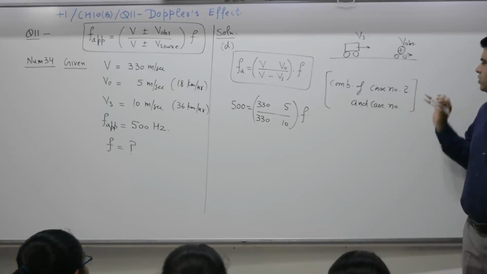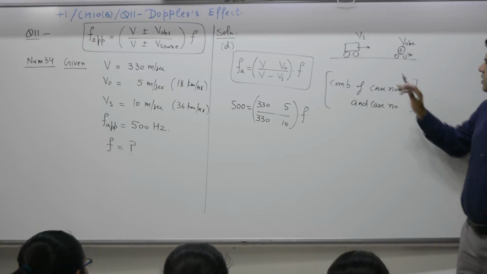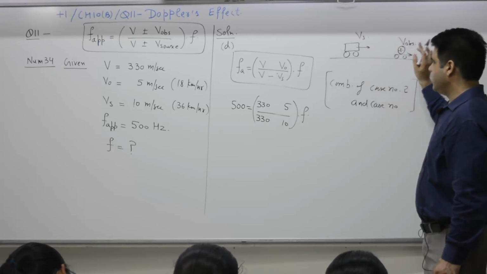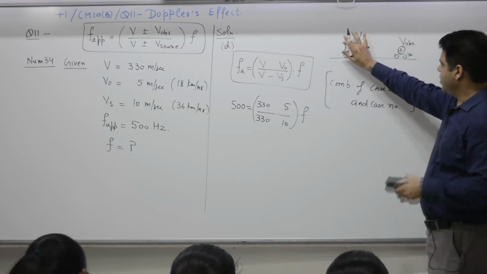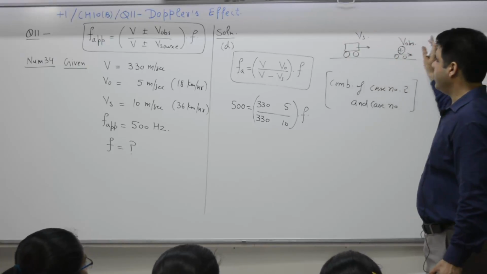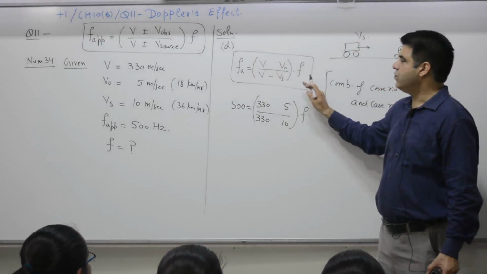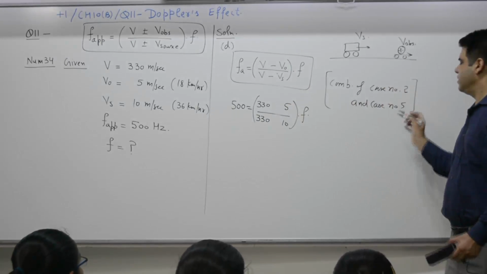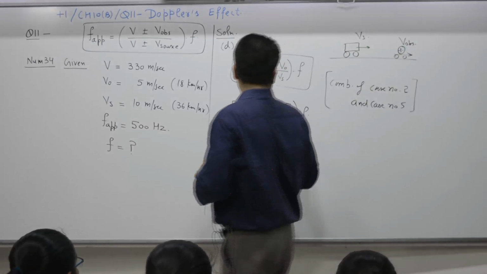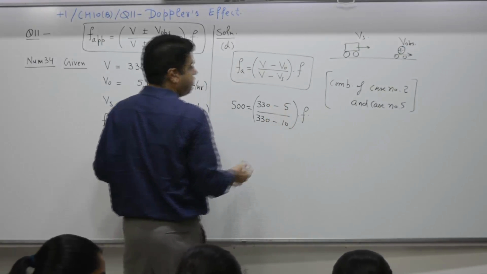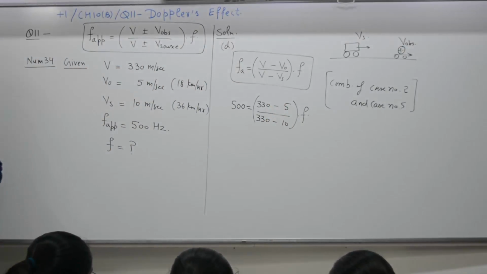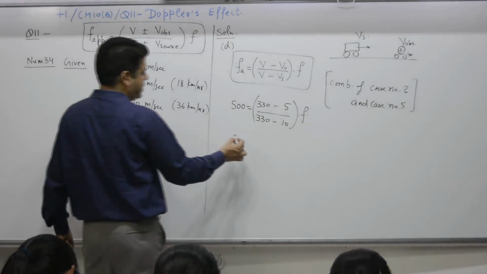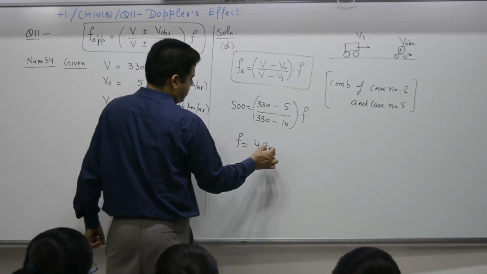Second part, let source be at rest and observer moving away. It will also result in decrease in frequency, negative sign. Case number 5. Fine. I thought I was doing something wrong. Find F. 492. Frequency is approximately 492.